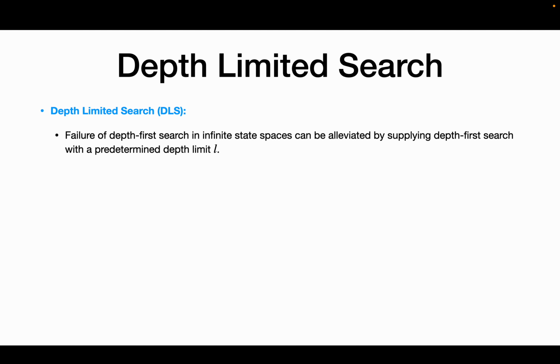It has a fixed limit value L, where we pursue the descendants of a particular child only until the limit L. Once it crosses that limit, we go back to the adjacent child of the root node and pursue once again until the same limit L. In this way, depth limited search overcomes the problem of depth first search in infinite spaces. Even if we have infinite spaces, since we have set a limit L, it pursues only until that limit and then goes back to its adjacent nodes.